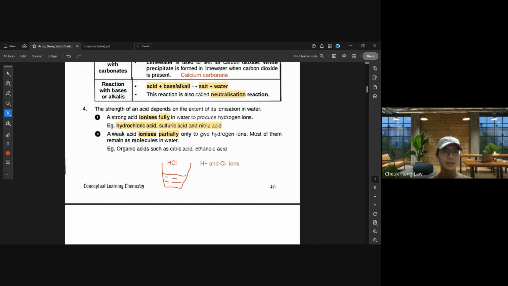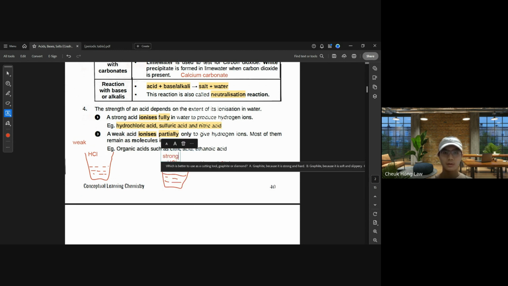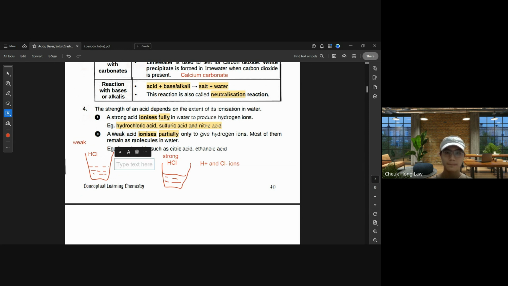What about a weak acid? I'll just use hydrochloric acid as an example again because it's easier, but remember hydrochloric acid is a strong acid. Now I'm going through weak acid. So here is weak, this is strong. Again, it will ionize to form H plus and Cl minus ions, but not completely.